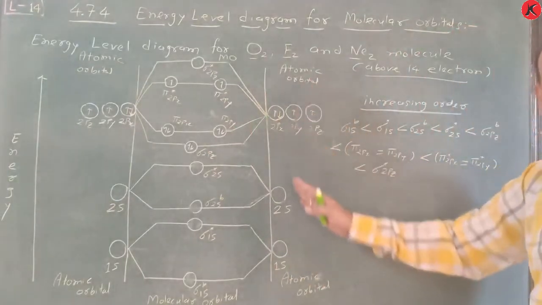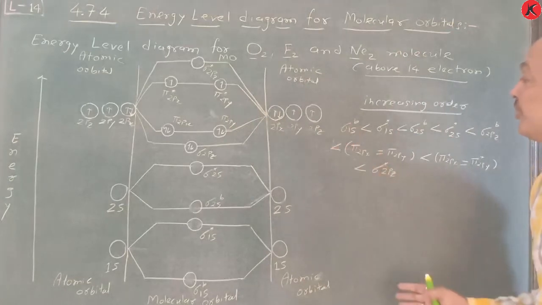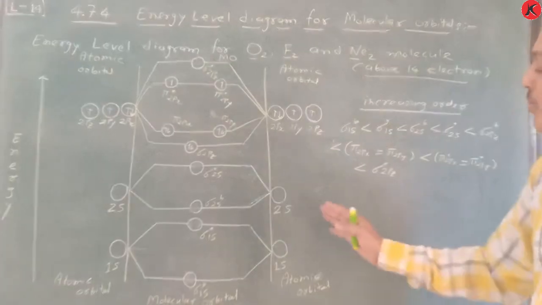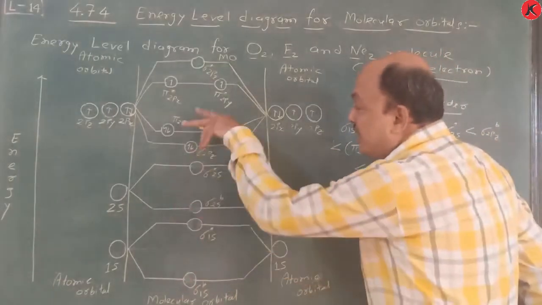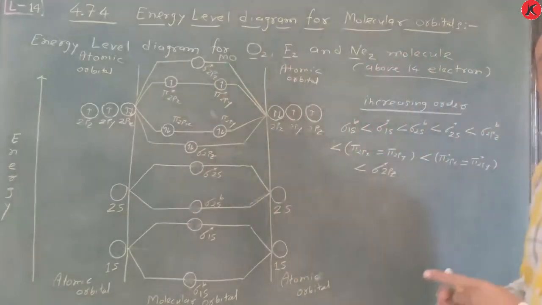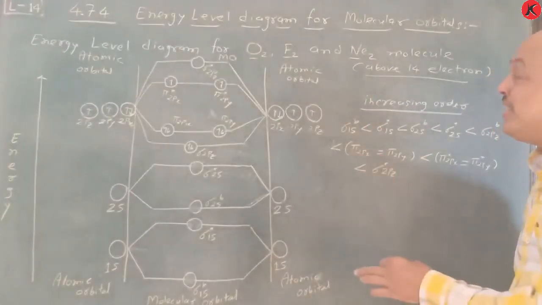According to this energy level diagram, write it completely, take a screenshot, and read from the textbook. BMO means the lower one, and the higher one, above, is the ABMO. Remember this, it is new for you.